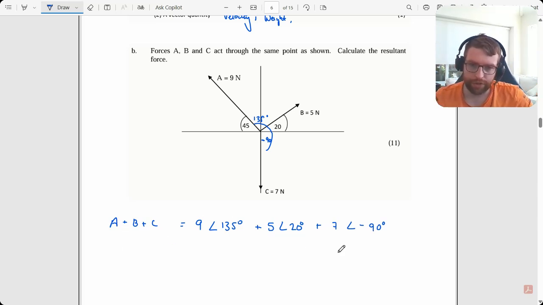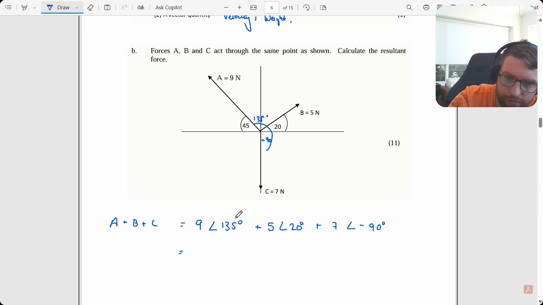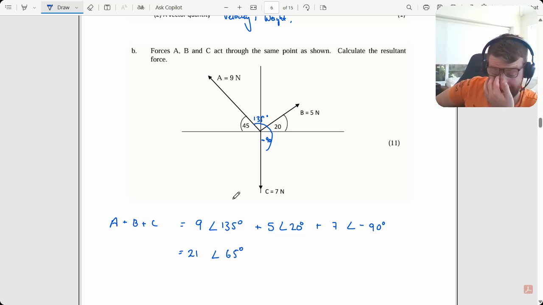Okay, so then just adding all these together, we've got 21, and adding all the angles together, this doesn't look right though. 155 minus 90, so 65 degrees. Doesn't look right.